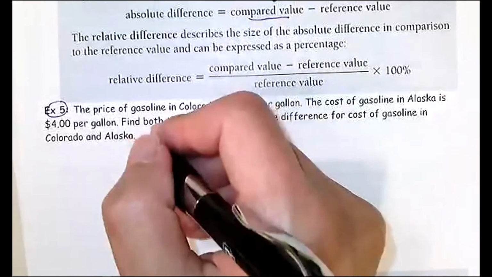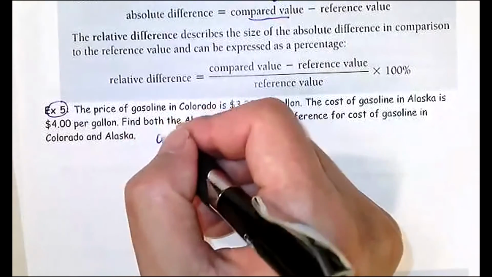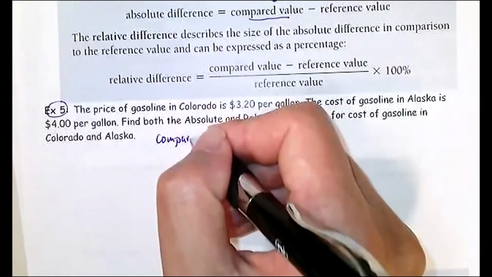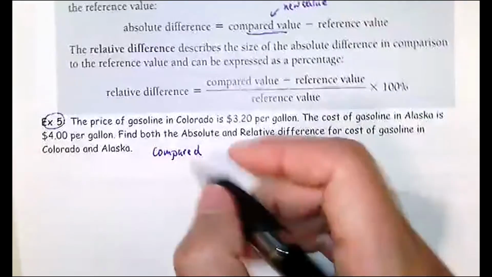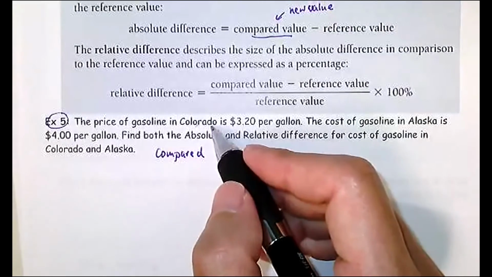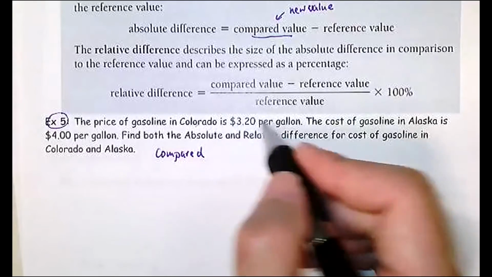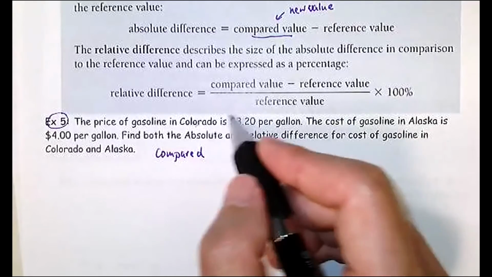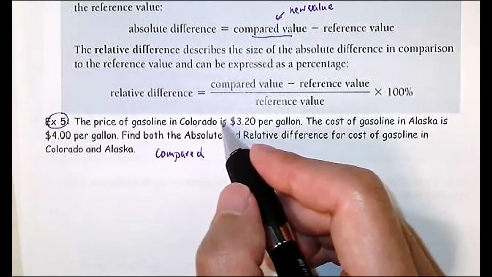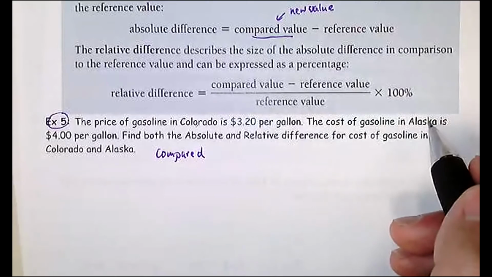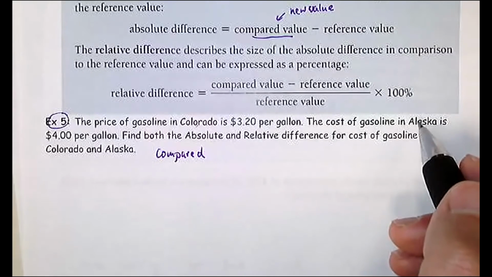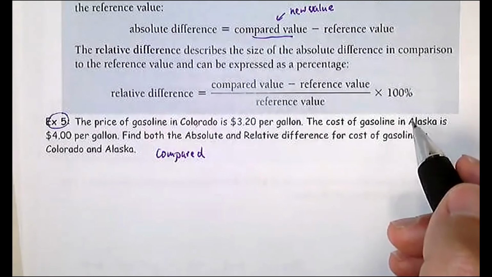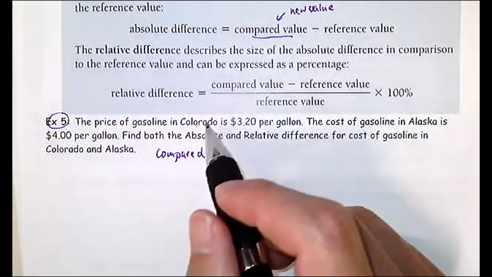I think you are all right. So comparative value, remember, is just our new value. Since we are in Colorado, this value is our old value. It's our reference value. We want to compare with Alaska. By the way, we have some students in Alaska, right? Let's say the majority of our students in the class are still living in Colorado.